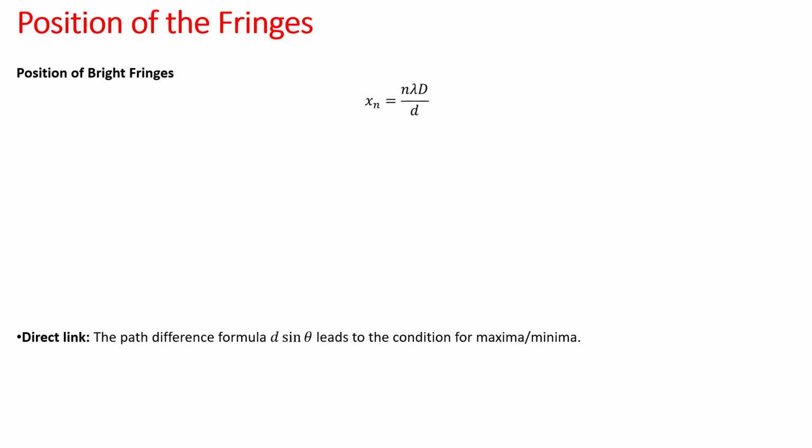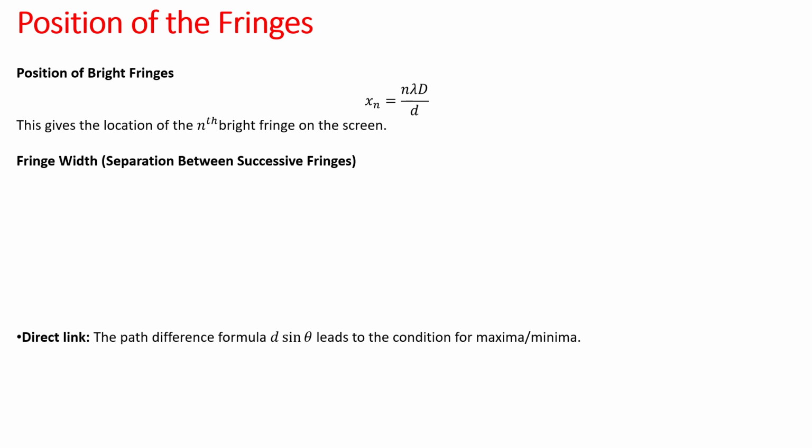If you want to find the position of the fringe, at the nth bright fringe, x n equals n lambda D, capital D upon small d. This gives the location of the nth bright fringe on the screen. To calculate the separation between successive fringes, we take the fringe one higher than the nth fringe.